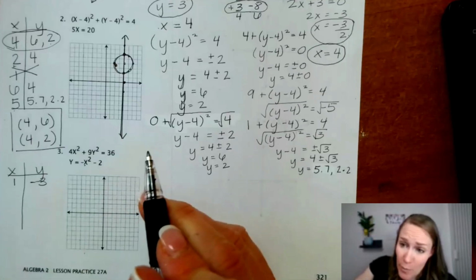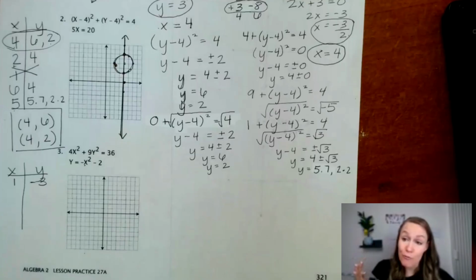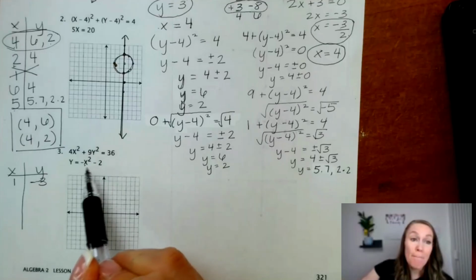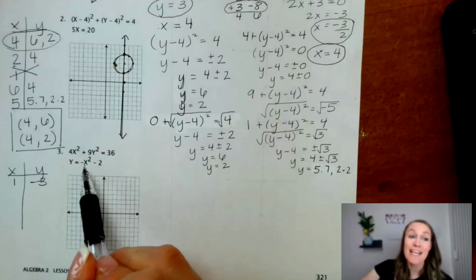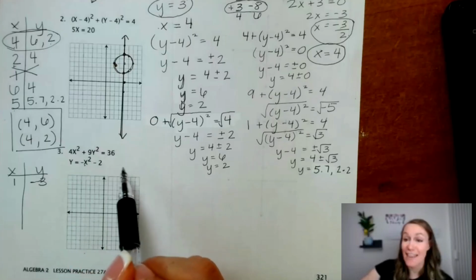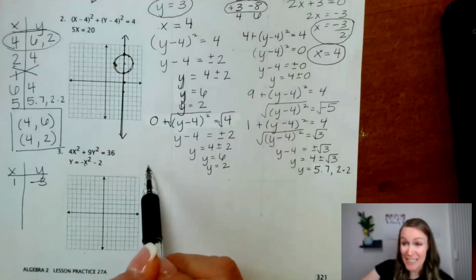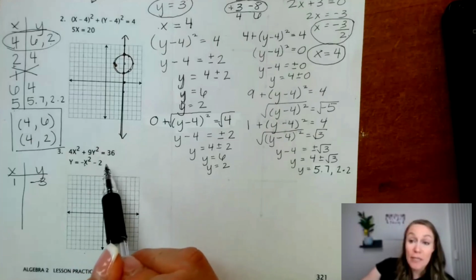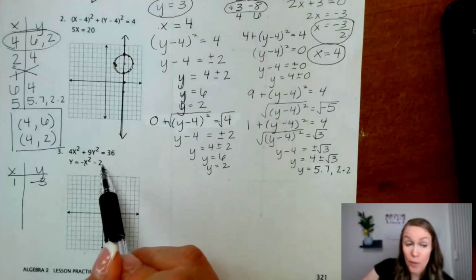Whenever we're graphing parabolas, remember it's really helpful to find the vertex, and that would be negative b over 2a. And so my b value, remember it's always x squared, x, and then c. So a, b, c. So I have no plain x. So my b value is going to be 0.